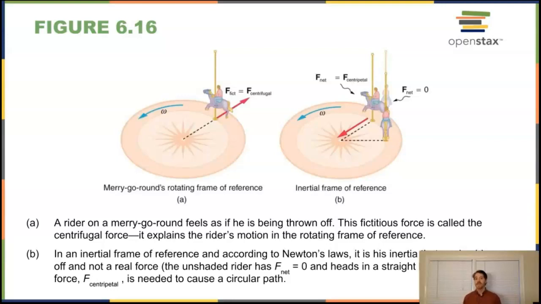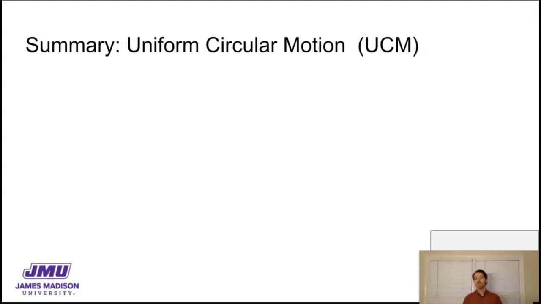So when we are studying an object that is traveling in a circle, we want to talk about centripetal forces, and we're going to use some equations that I'm about to introduce for you here at the end of this video. An object that's traveling in a circular motion will be traveling at constant speed. It is possible to have an object that travels in a circular motion and speeds up or slows down. That is not at all what we are addressing in an introductory physics course.